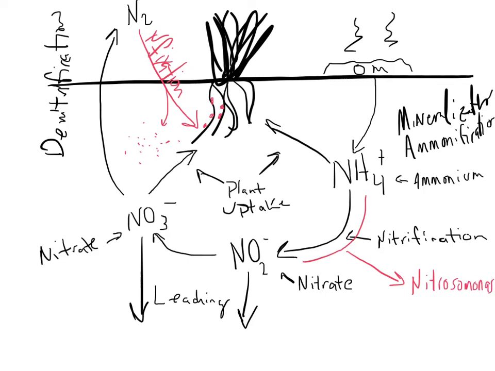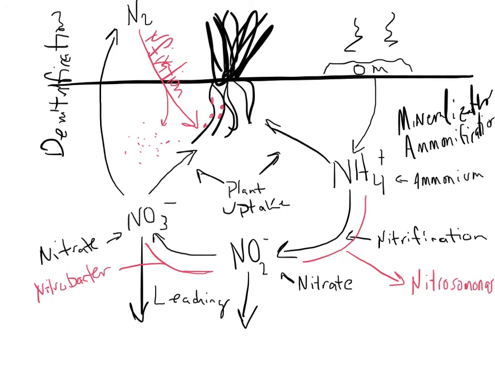They're responsible for that transformation of ammonium into nitrite. The next one over here, this process right here, we have a microbe called Nitrobacter. That's responsible for taking nitrite and converting it into nitrate.